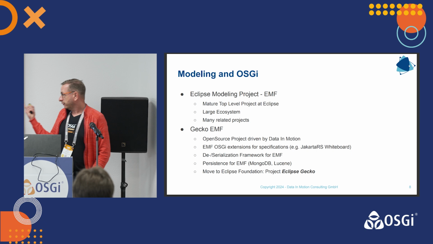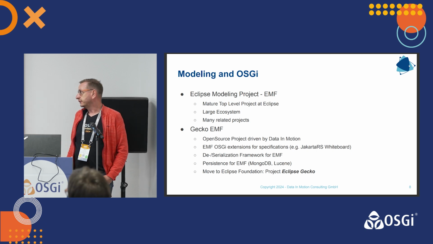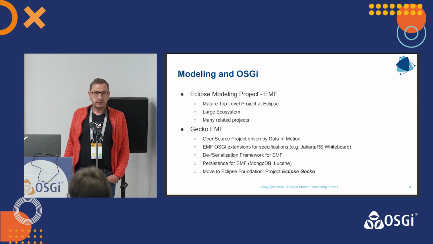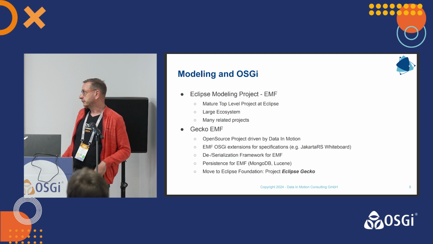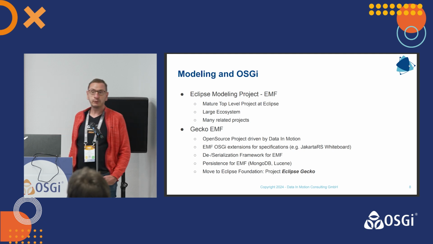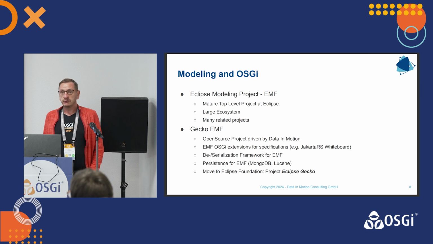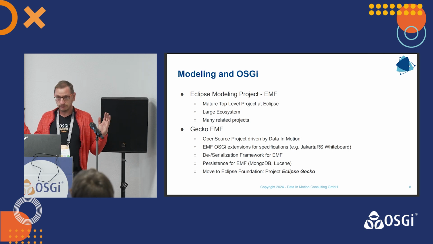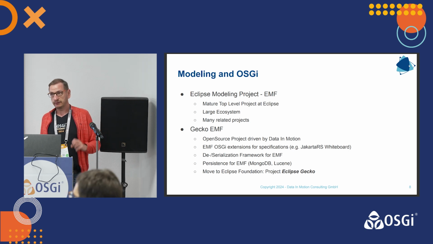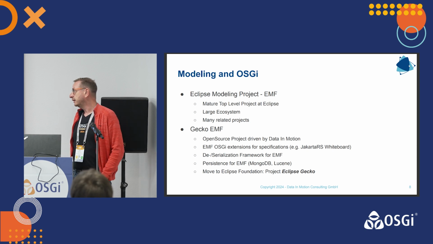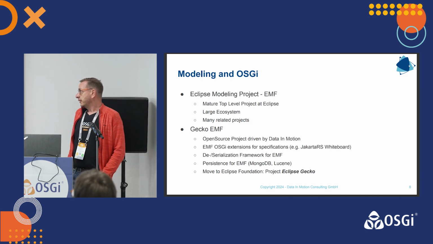In addition to that, the Gecko EMF framework also contains a serialization framework. We call it the Gecko codec, which has the possibility to serialize EMF models in whatever format you like and deserialize them from whatever format in the same way.